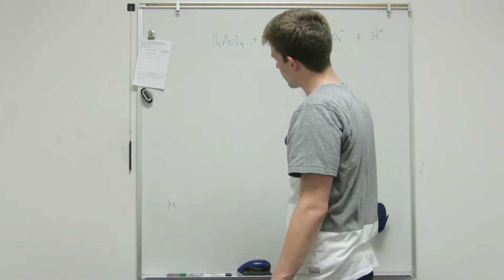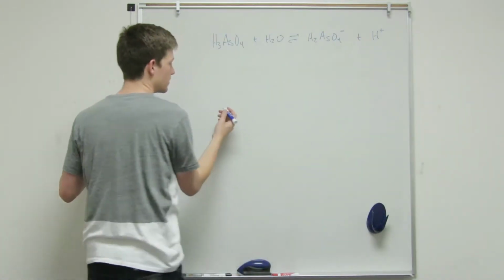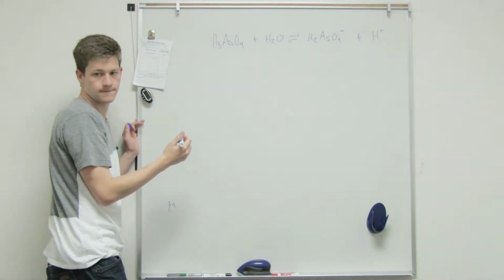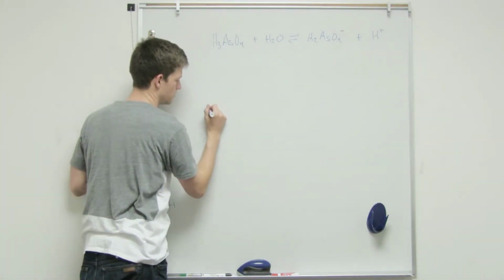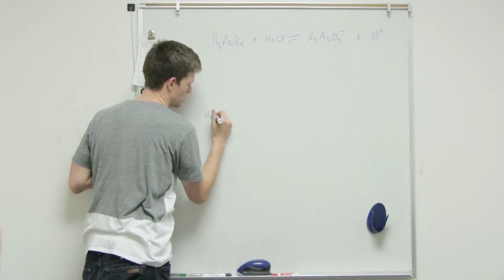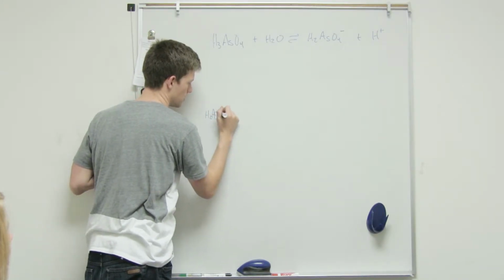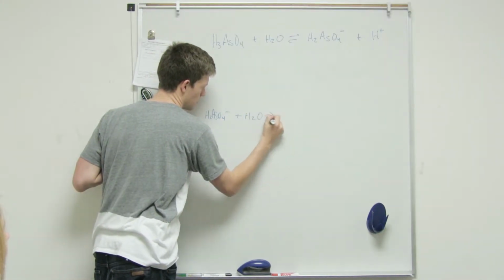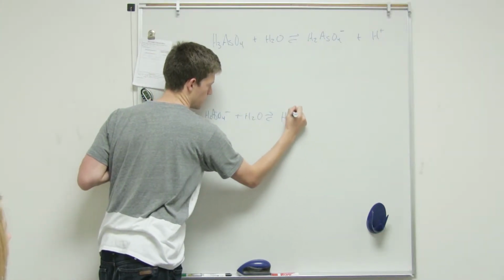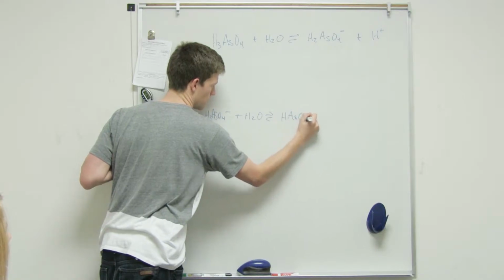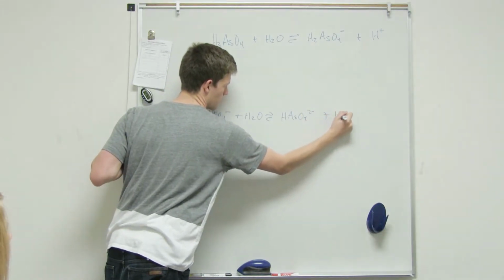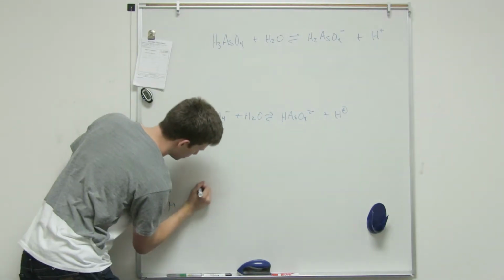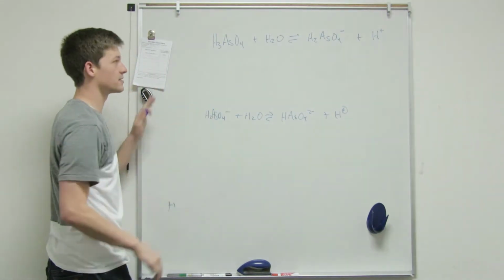Then what's gonna happen? The next reaction starts with H2AsO4 minus plus H2O into HAsO4 2 minus plus hydrogen.